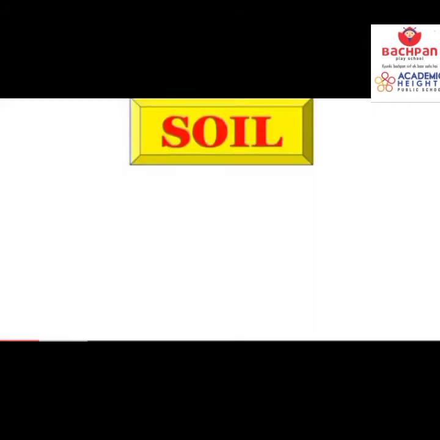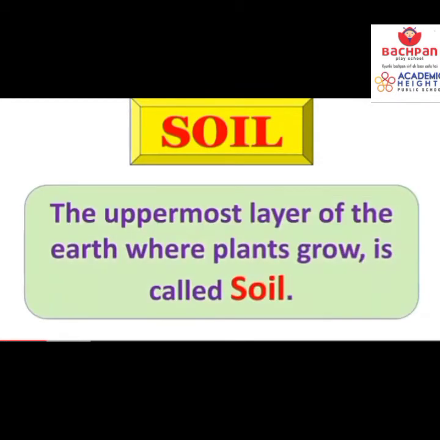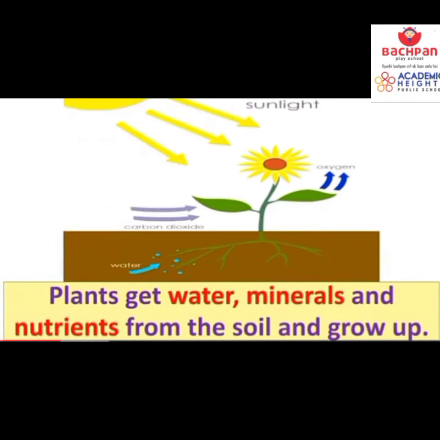So, dear students, let's have a brief revision again. You know what is a soil? The uppermost layer of the earth where the plants grow is called a soil. Plants get water, minerals and nutrients from soil, and then only they grow up to be very strong.